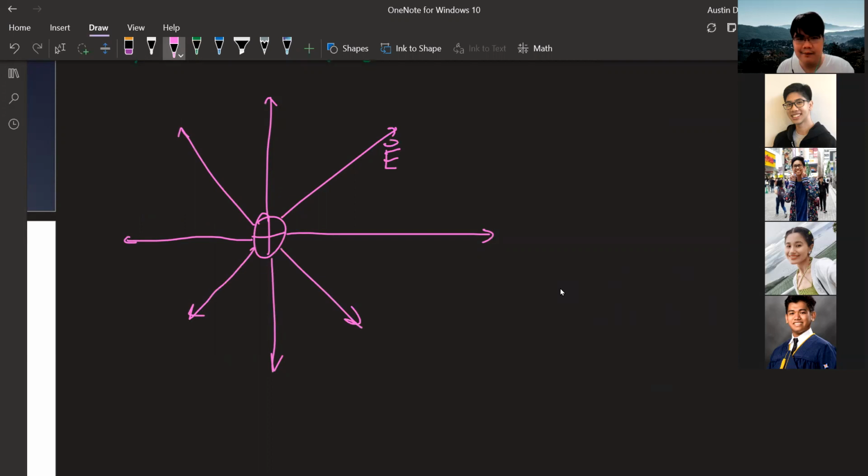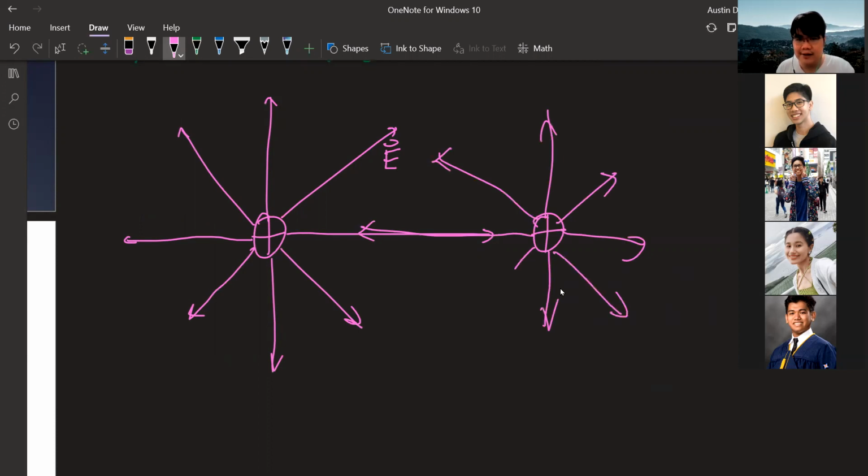Paano kapag may another charge? Paano yung electric field lines nila? Mag-intersect ba? Okay. So, there's actually a way of drawing things. Okay, so this is wrong. Okay, this is wrong.